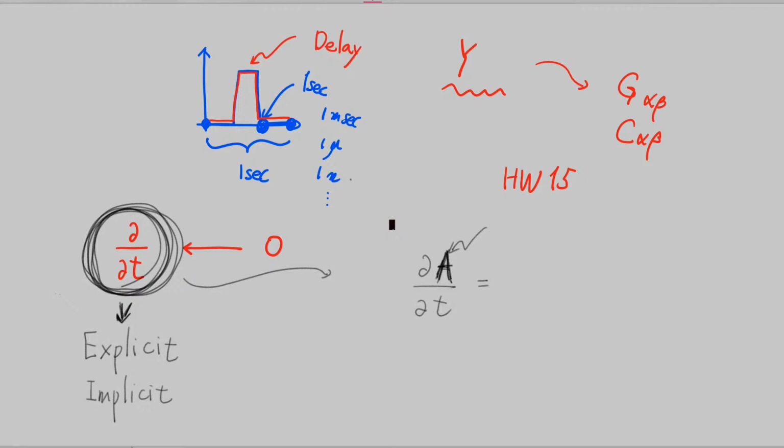By definition, we can think that delta t goes to infinitely small, and we take the quantity at t plus delta t minus the quantity at t, divided by delta t. That is the definition of our time derivative evaluated at time t.